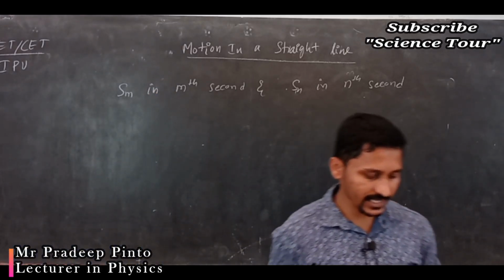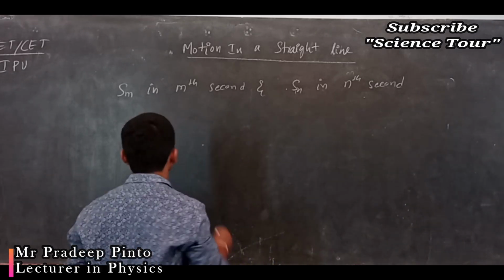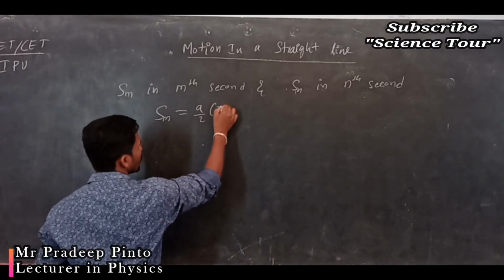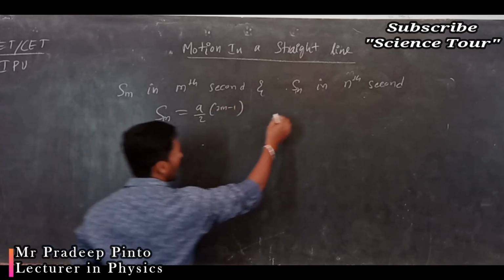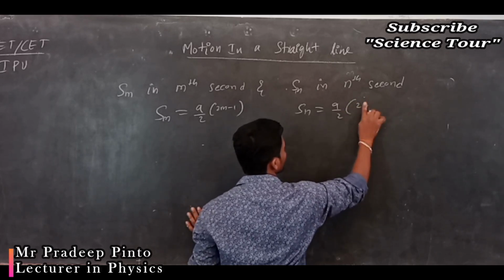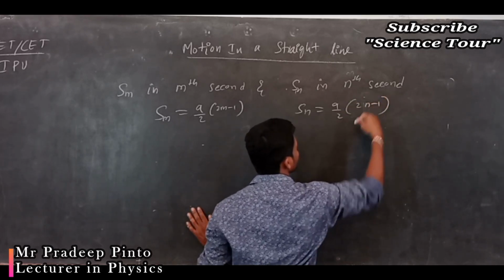For the acceleration, I can write Sm equal to a by 2 into (2m minus 1), and Sn equal to a by 2 into (2n minus 1).